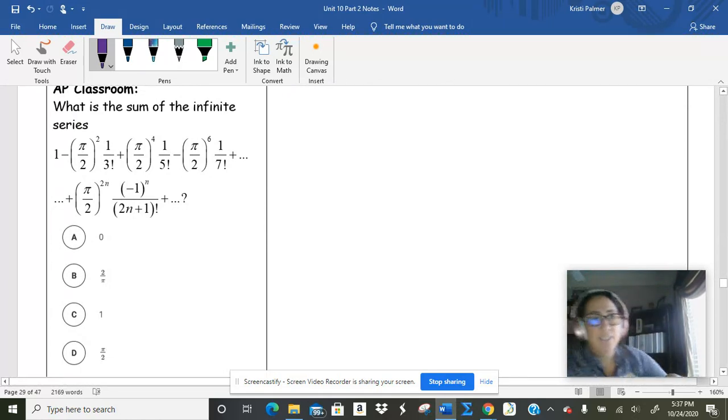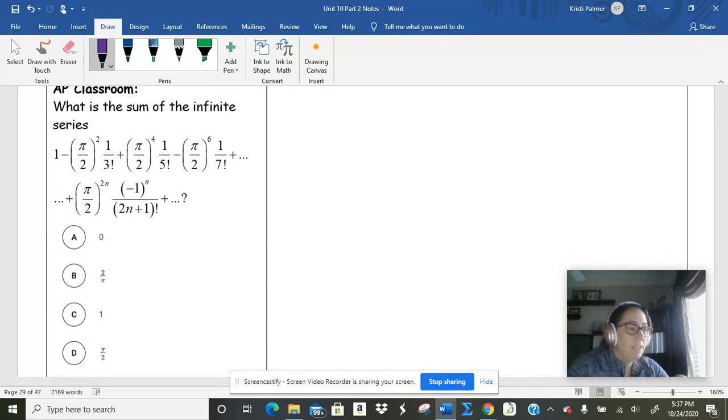So this one wants to know, what is the sum of this infinite series? We're looking and seeing they've plugged in this pi over 2, and that makes it look really confusing.